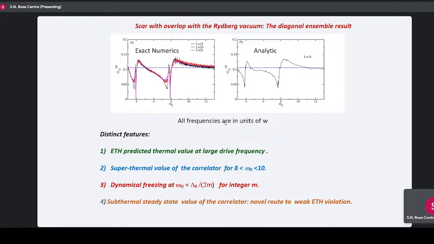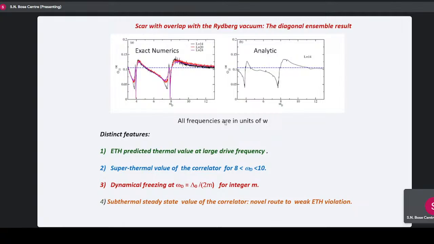Then there are these special frequencies around 8 and 4, where the system completely freezes. For times that you can monitor, the system simply remains in the ground state and never moves. And this happens at frequencies delta naught over 2s for integer s. And this is dynamical freezing.